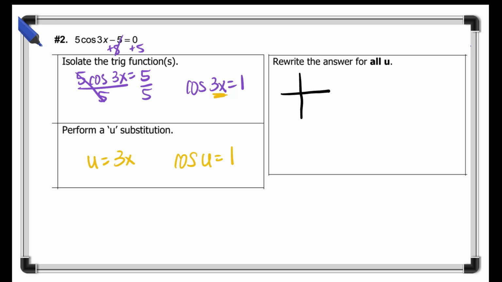I'm looking for where the cosine of some angle is going to equal 1. Well, I know that that's right here, so my answer is at 0. Now, because it's for all of U, I'm going to add the 2 pi n.